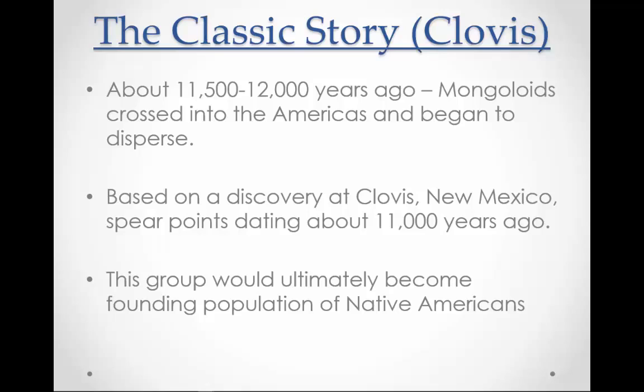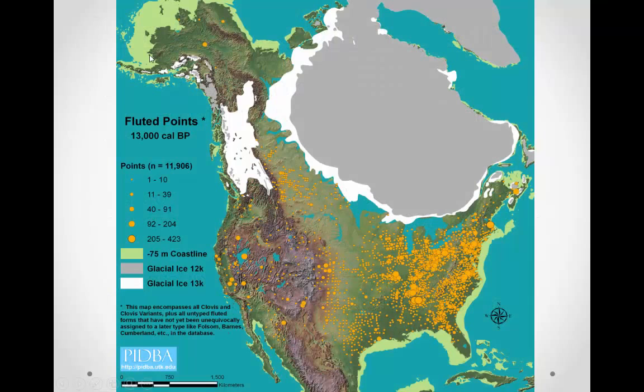And ultimately, the story is that these Mongoloids, or people of Asian descent, crossed into the Americas and began to disperse, as I was just mentioning, and this group is going to become the founding population of today's modern Native Americans. This map here is just a map of the number of Clovis sites that have been discovered using this model, and this is probably what you can consider the first unique culture that had come through into North America.